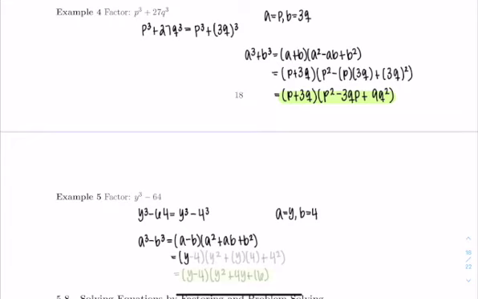And so we end up getting y minus 4 times y squared plus y times 4 plus 4 squared. And we just want to simplify. We have y minus 4 times y squared plus 4y plus 16. And you won't be able to break down that second polynomial any further because it's prime.